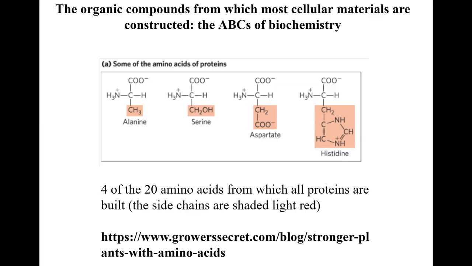And so there is what we call the ABCs of chemistry. These are the major topics that we will be diving deep into. The first one is amino acids, which make up proteins, like I said previously. These are just examples of 4 amino acids, but there are 20 common amino acids.